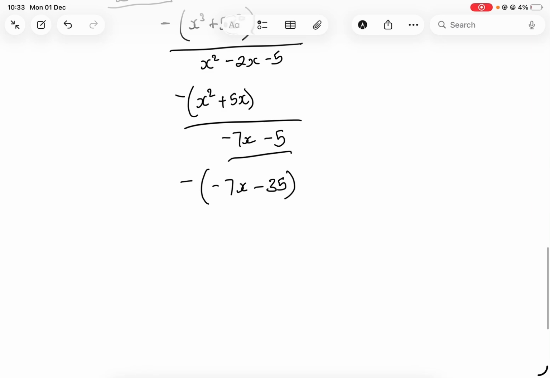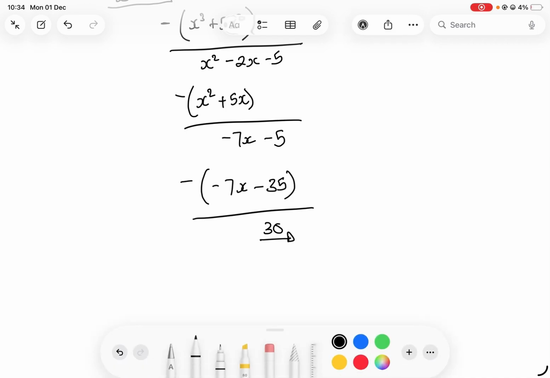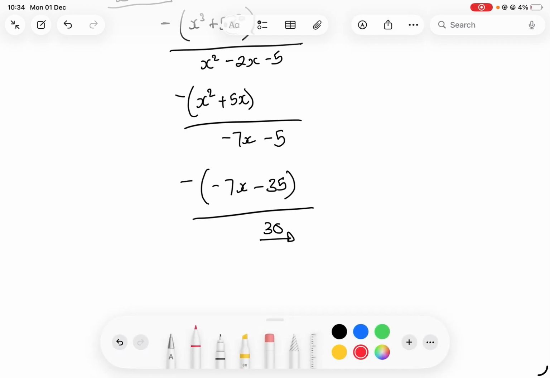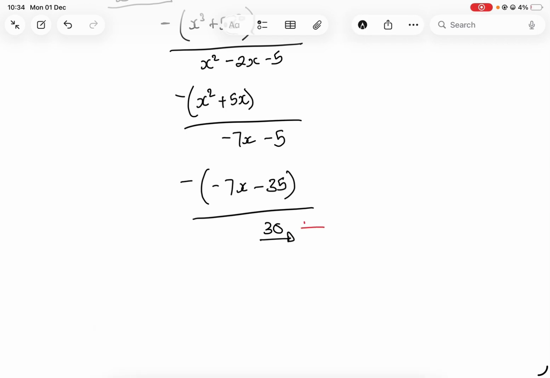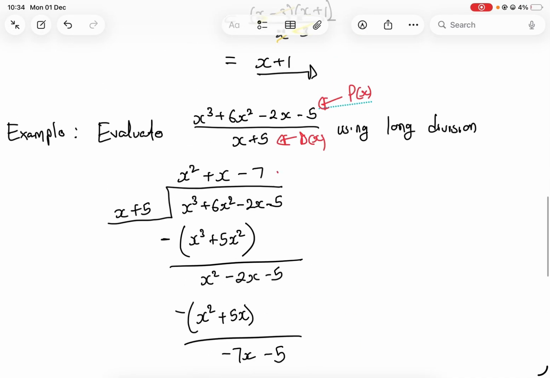Then above equation minus the equation below, I'll get minus 7x minus minus 7x, that's 0. Minus 5 minus 35, minus 5 plus 35, I'll be left with 30. Which means my 30 is my remainder. And this here is my q of x.